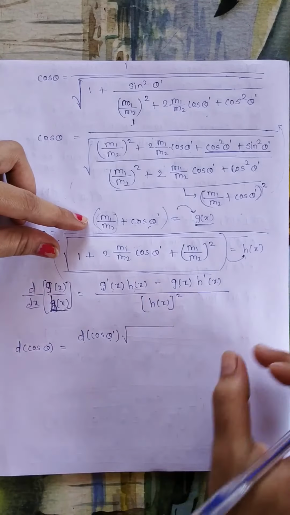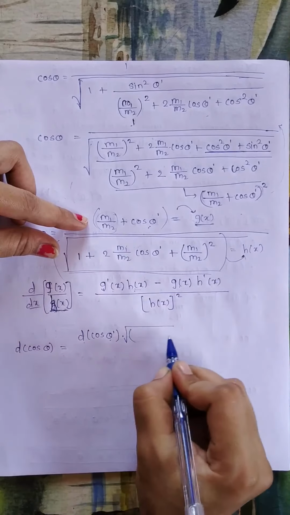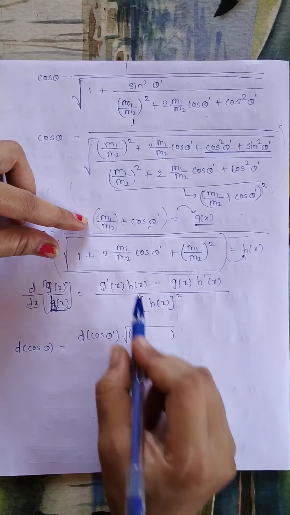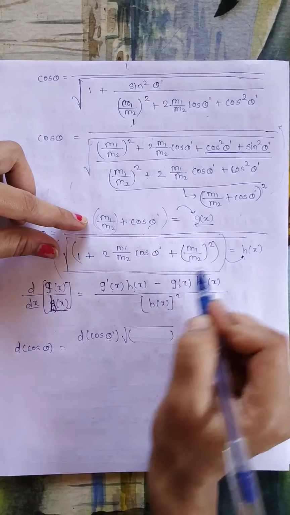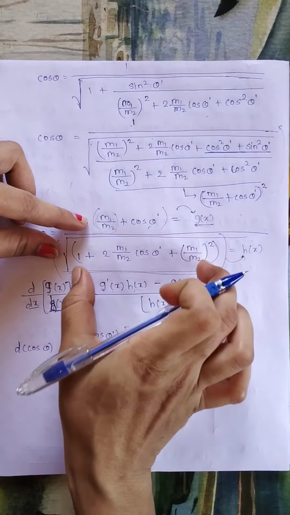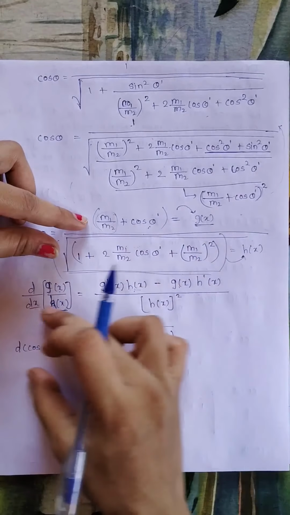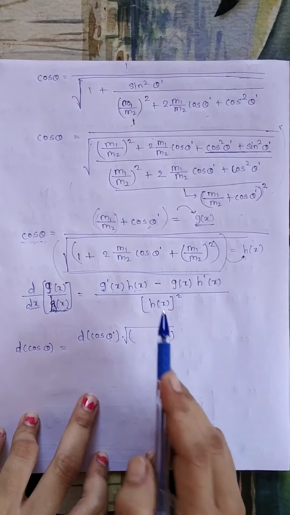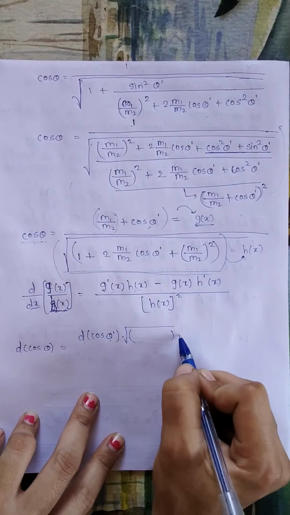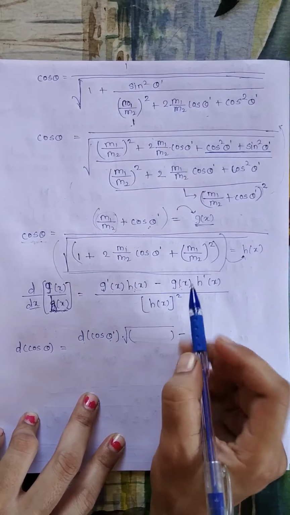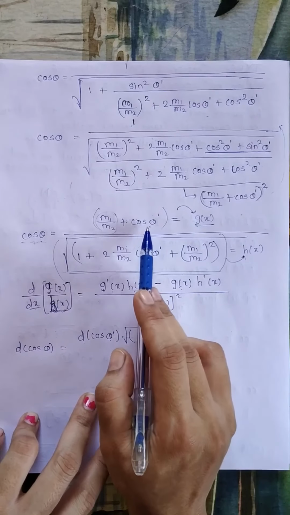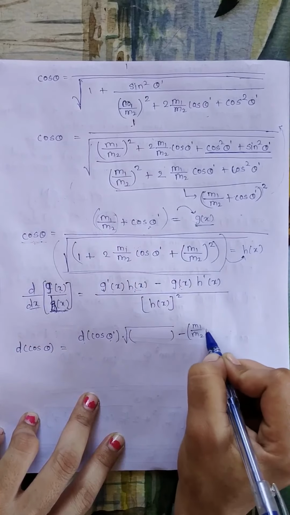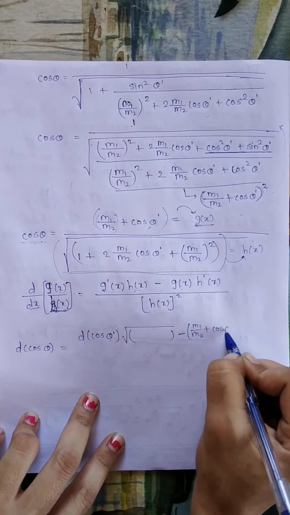We don't have enough space, so I will just write root and this bracket. You should get the idea that in the bracket there are these terms, because it is a large equation, so I will skip writing those large terms. Now minus, now g of x is what? This term, that is m1 upon m2 plus cos theta dash.